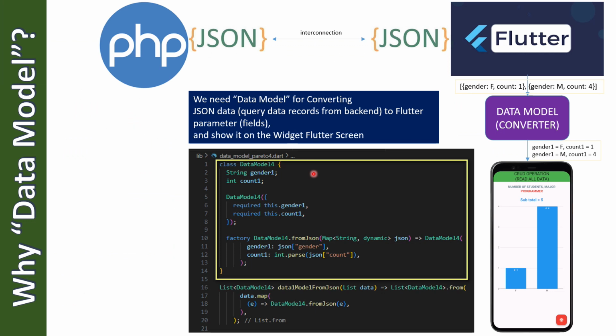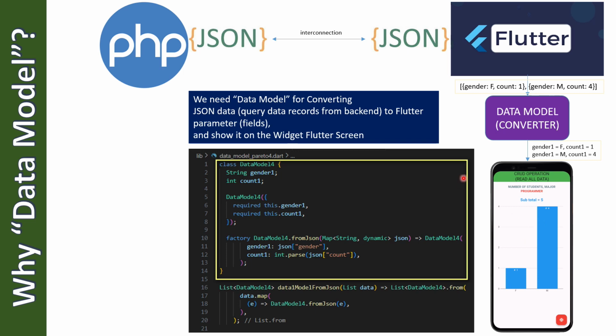Okay, next explanation. This is the same way, data model. This is parameter name gender 1, gender count 1 to construct this result.